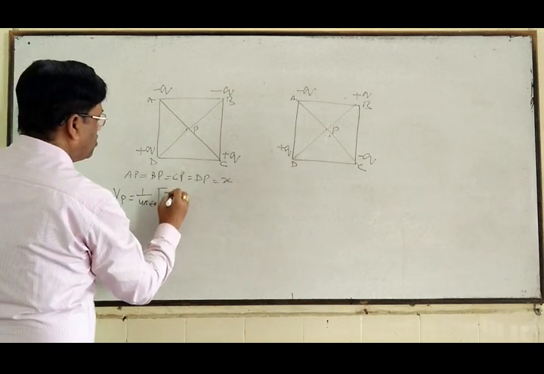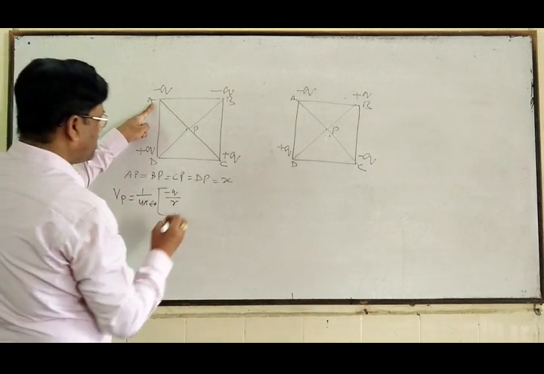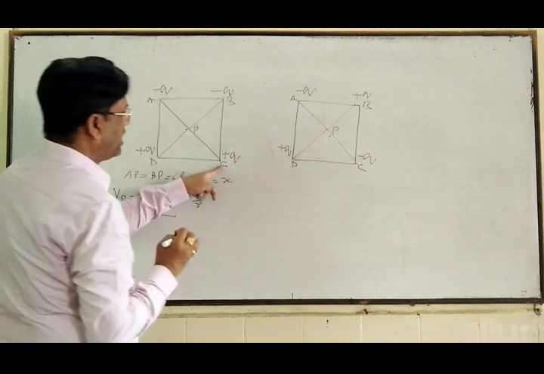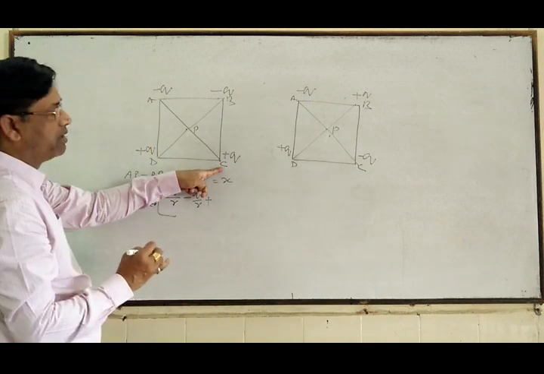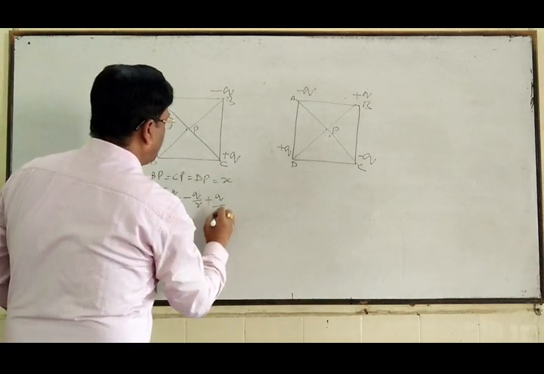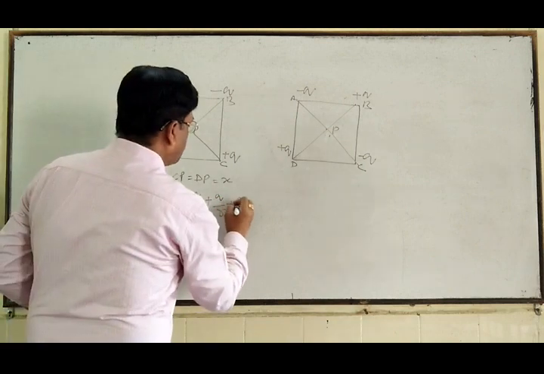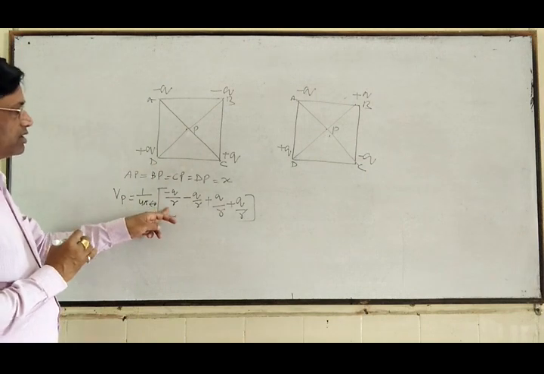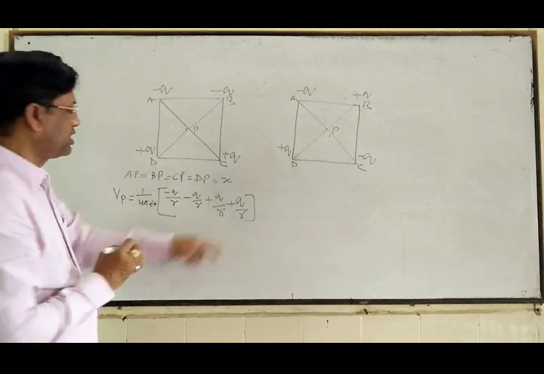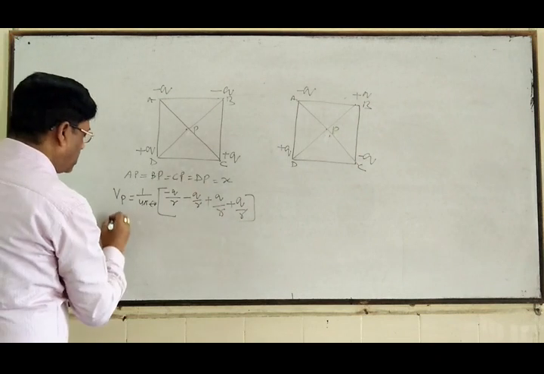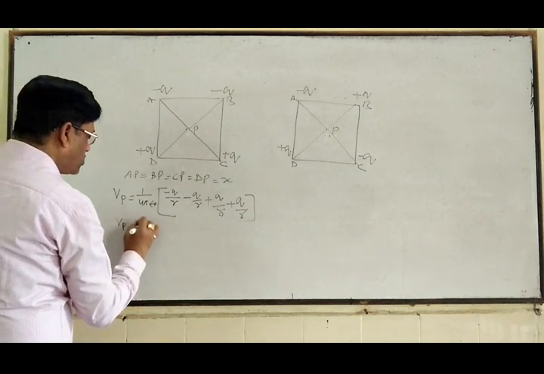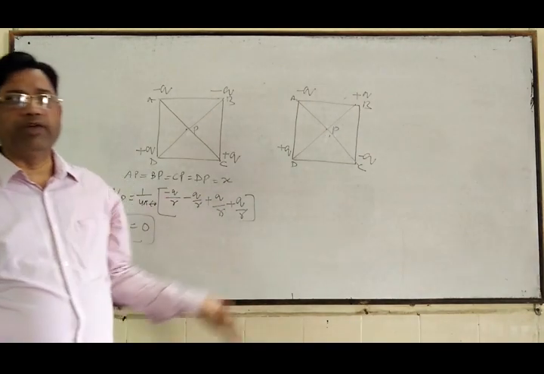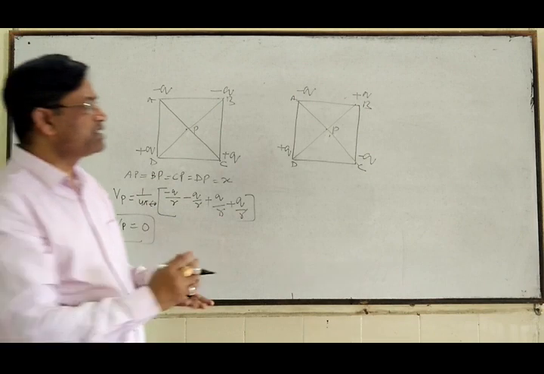It is minus Q by R due to this, then again minus Q by R. Then due to plus charge, the potential will be plus, so plus Q by R, and due to this it is plus Q by R. Then this will cancel this, and this will cancel this, so it is 0. Then potential at P is equal to 0. Similarly, in this you can try by yourself. The result will be the same.